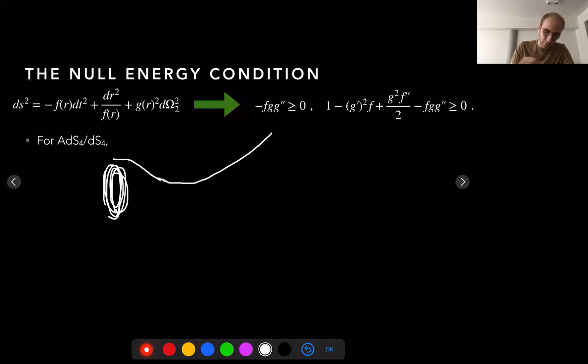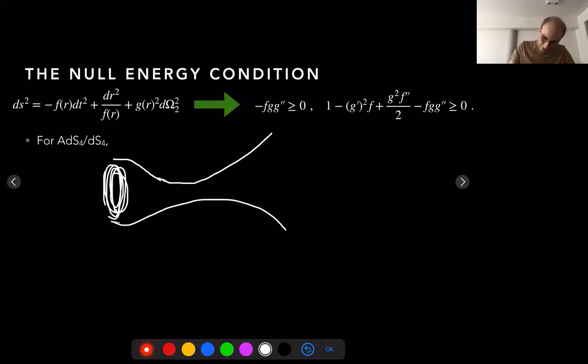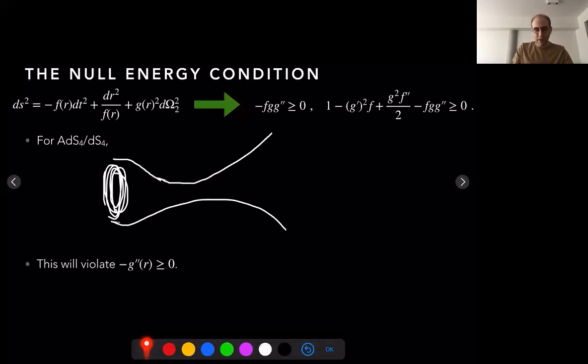So it will have to grow and do something like this. So especially this region over here will always violate this g prime prime less or equal than 0. And that's the problem they were facing.